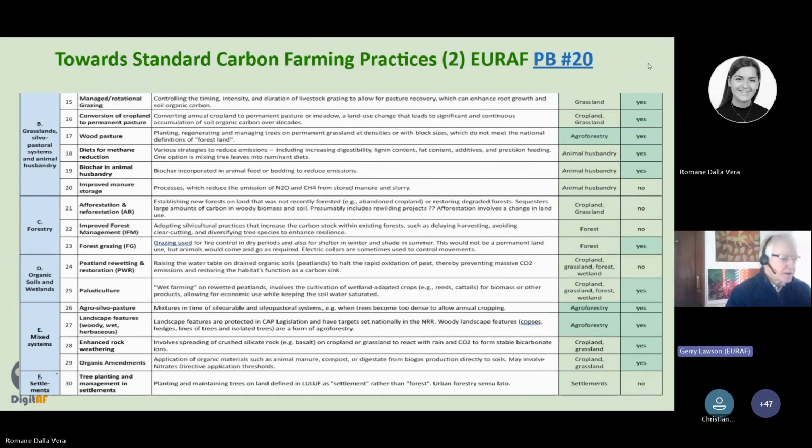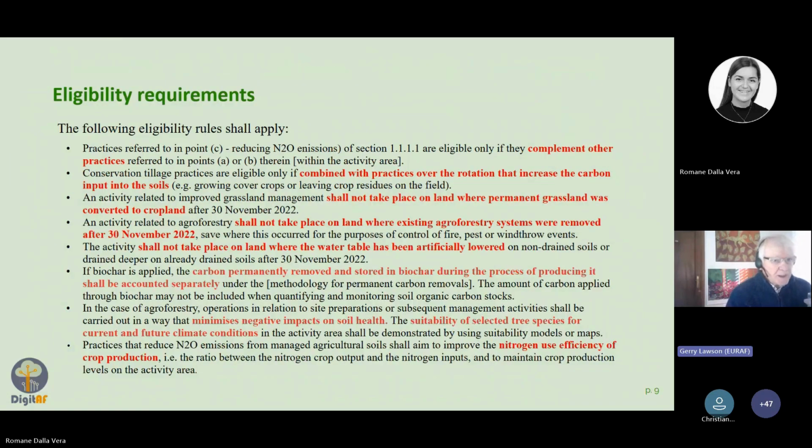There's another 15 types of practices which we're suggesting maybe a useful typology. Next slide. So the next slide shows the eligibility requirements for carbon farming. So practices which reduce nitrous oxide emissions are only eligible if they complement other practices. Similarly, with conservation tillage, it's only eligible combined with other practices.